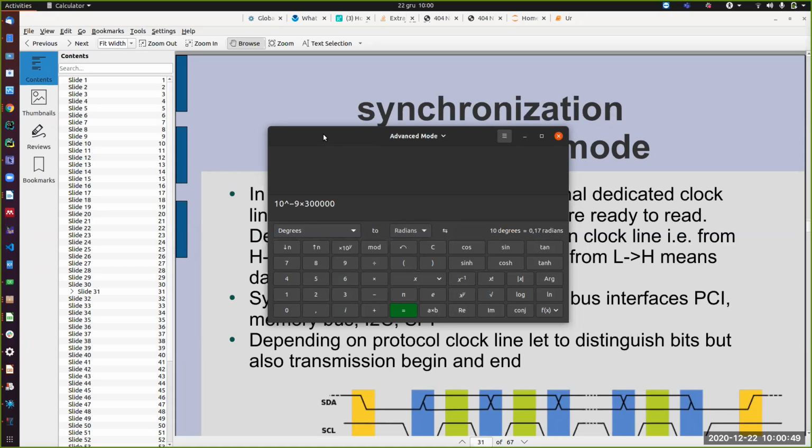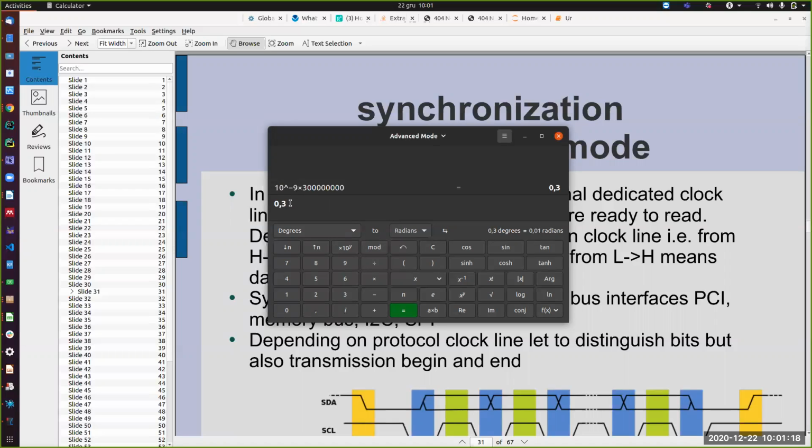So we have 300,000. It is kilometers per second. Yeah, I think so. So to calculate it in meters, I have to add additional 3 zeros. So now I have the distance which light passes in time of a single bit duration.